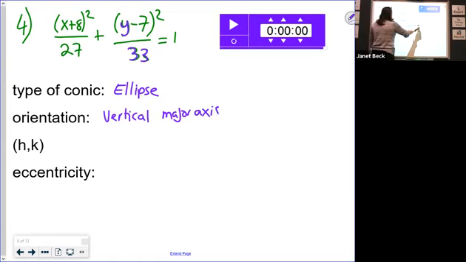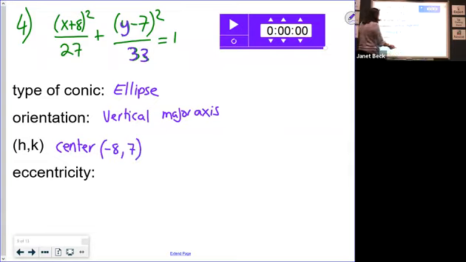Just say it's vertical, it's easier. The HK point on this, if it was a parabola, that HK point would give you the vertex. But because it's an ellipse, it's going to give you the center, and the center of this one is going to be at -8, +7.